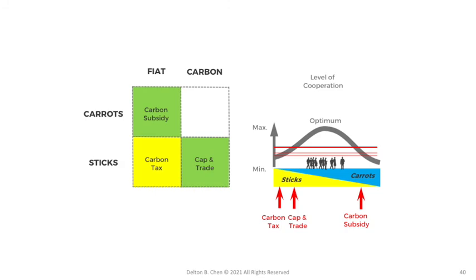However, the carbon subsidy is still far from optimum because we haven't employed the fourth policy of the matrix, which includes the other social and biophysical relationships and thus achieves the optimum in human cooperation. It's this achieving of the optimum between carrots and sticks which is the strength of the carbon pricing matrix, and indeed the recommendation is to apply the entire matrix.